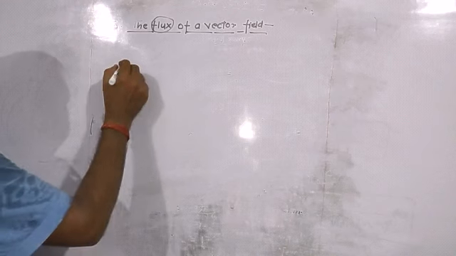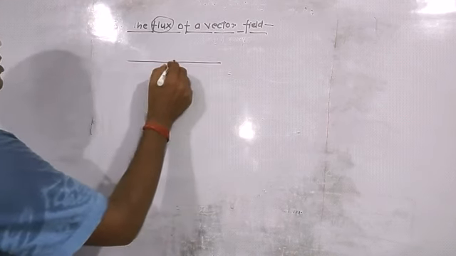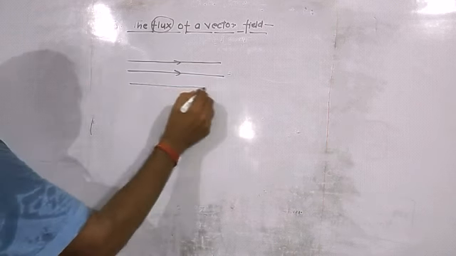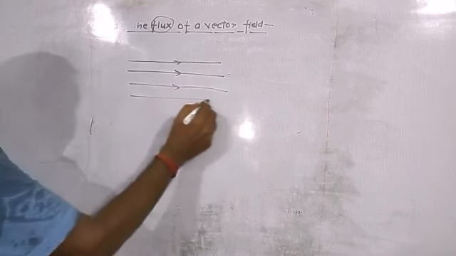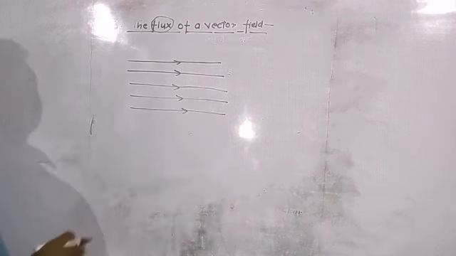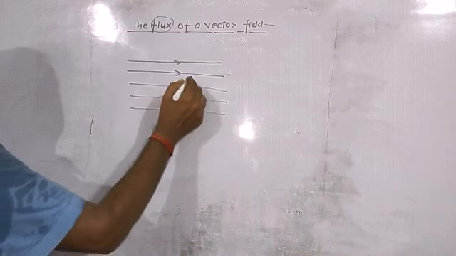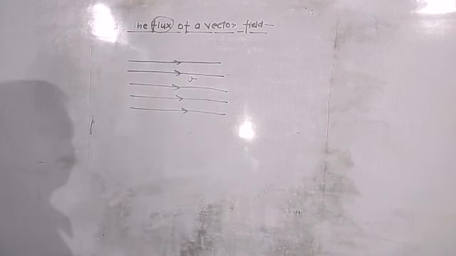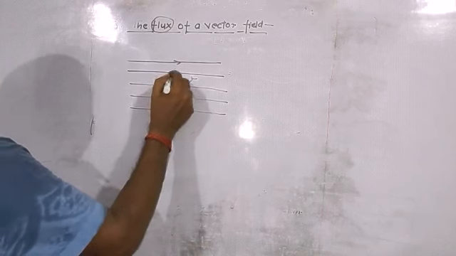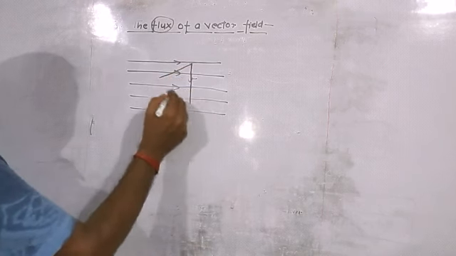That means suppose that we have taken some stream flow of water. This is the flow of a stream of water. It is flowing with some velocity say v. Now we are going to place any kind of rectangular or square area in the direction of the flow of the liquid.